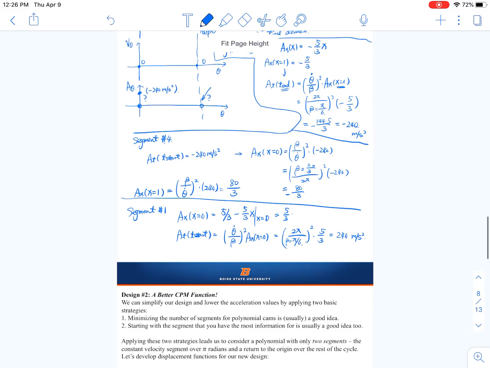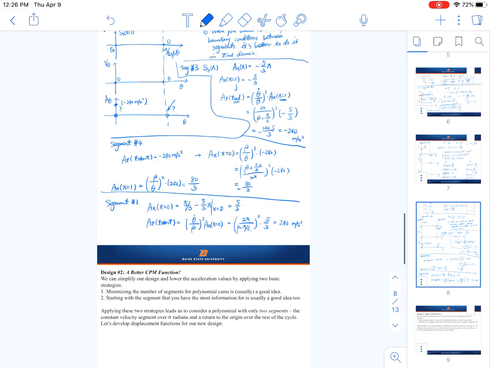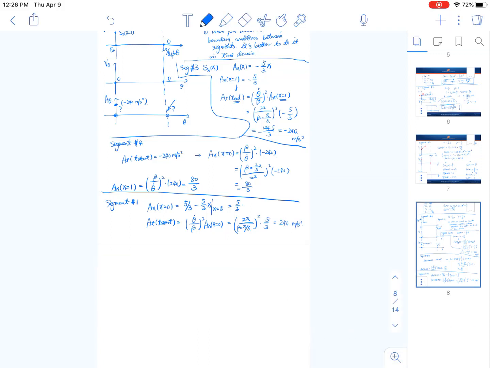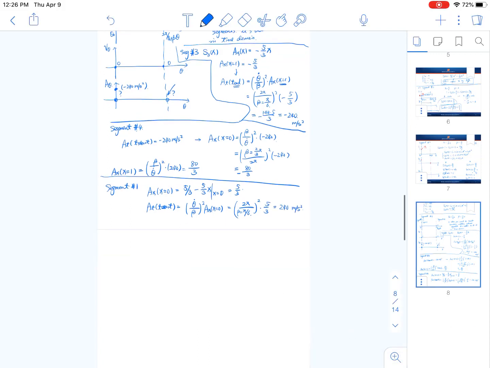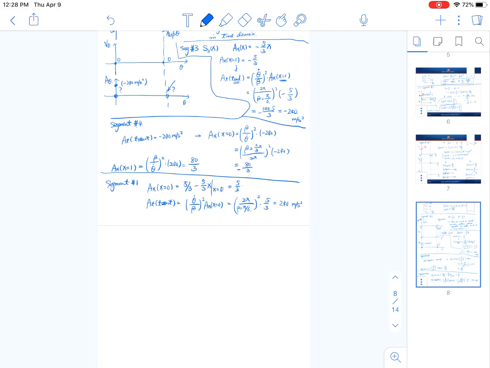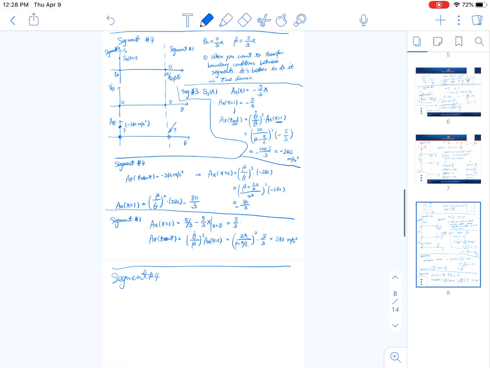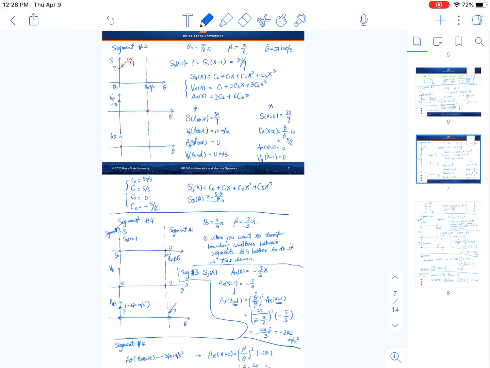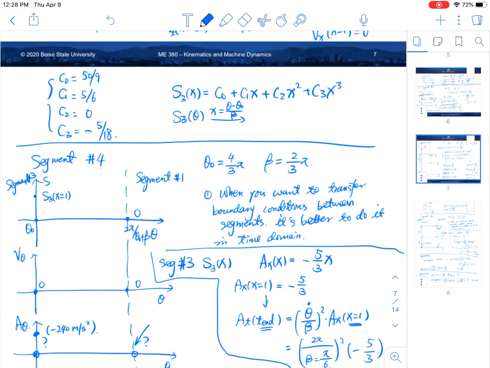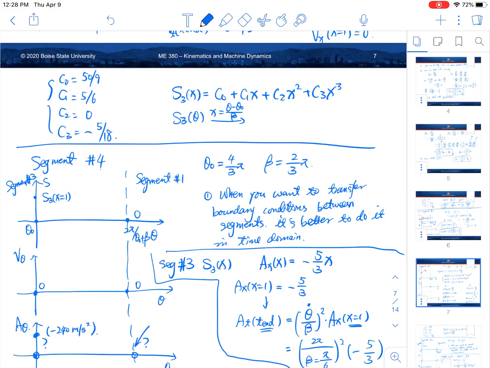All right, so let me insert one page here. Let's collect all the boundary conditions we have in x domain for segment number 4. Let's go back to segment number 4 again. Oh, we forgot one thing. The S3 at x equal to 1, what is that? That equals C naught.